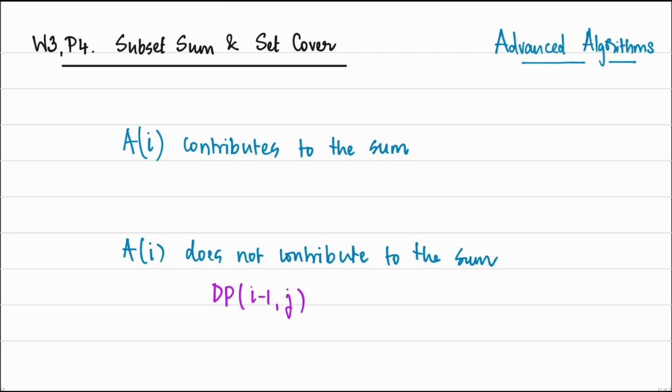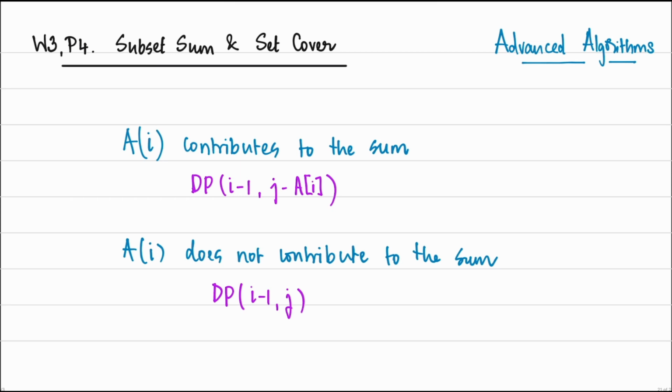On the other hand, what if a of i does contribute to the sum? In this case, we can reduce our target as appropriate, because we know that a of i amount is already accounted for by including the ith element in our solution. So we can reduce our target and then look for a solution from the first i minus 1 elements in the array.